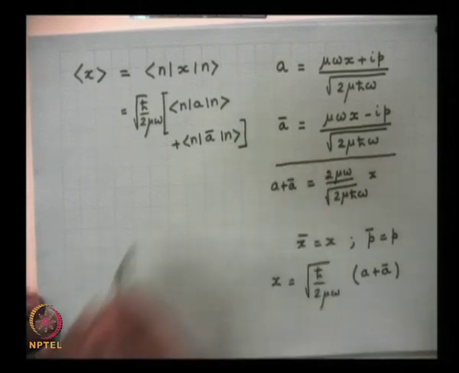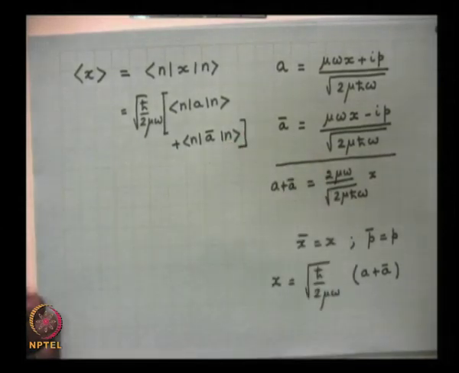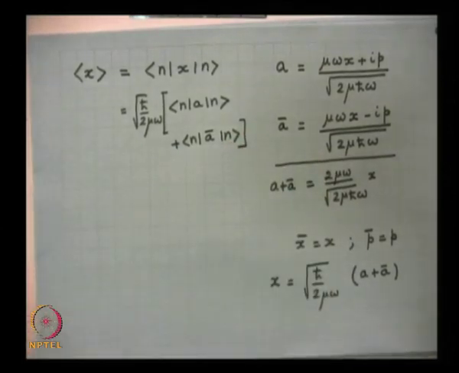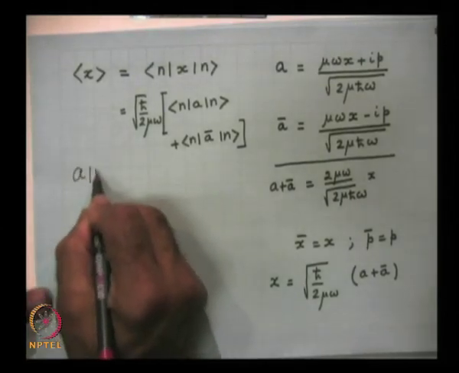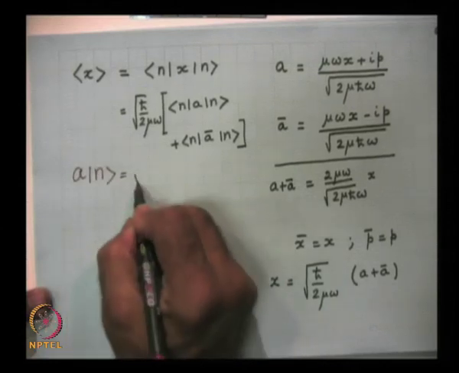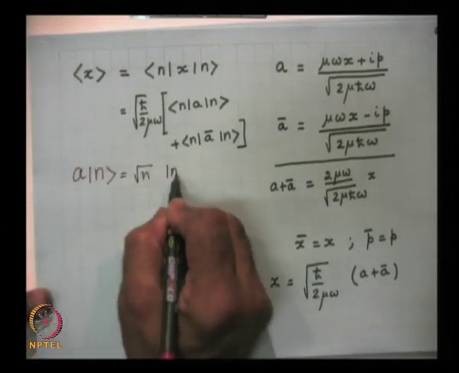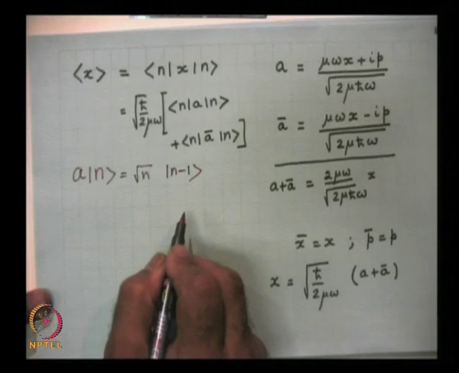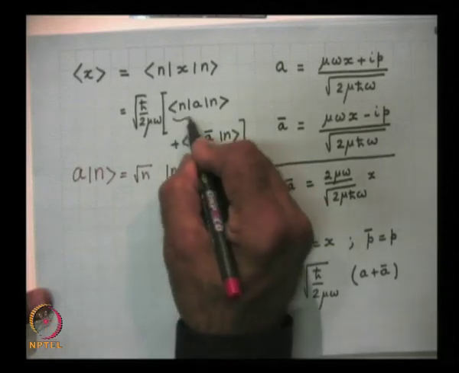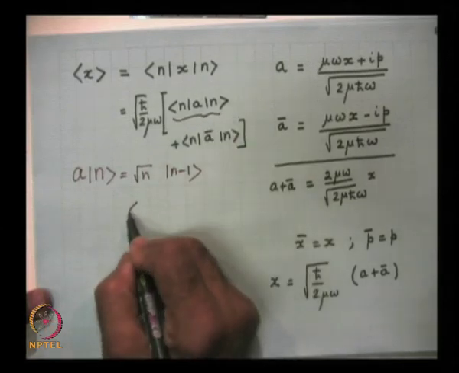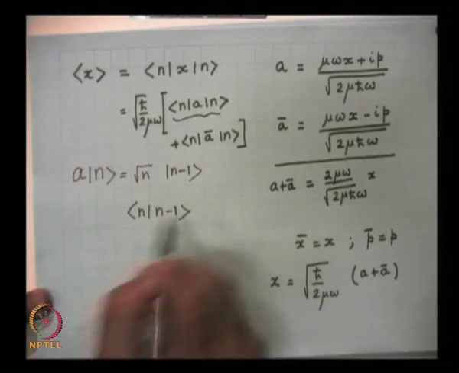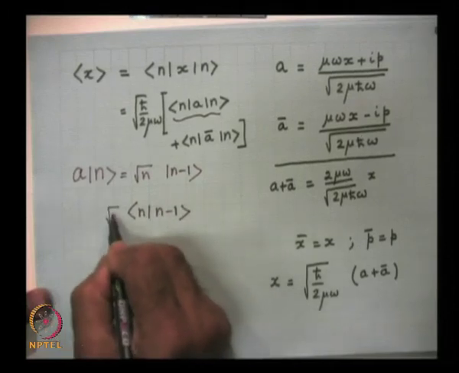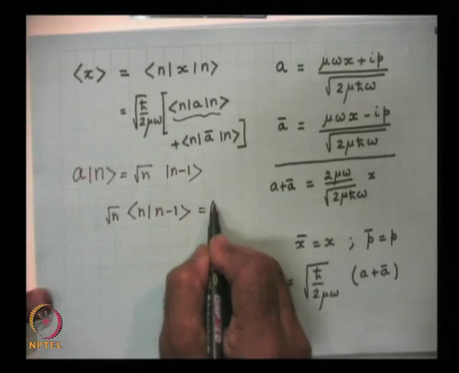Now, this is very easy to calculate, as we just calculated that a ket n was equal to square root of n, ket n minus 1. So, this quantity will be bra n, ket n minus 1, and this is square root of n. So, this is 0.